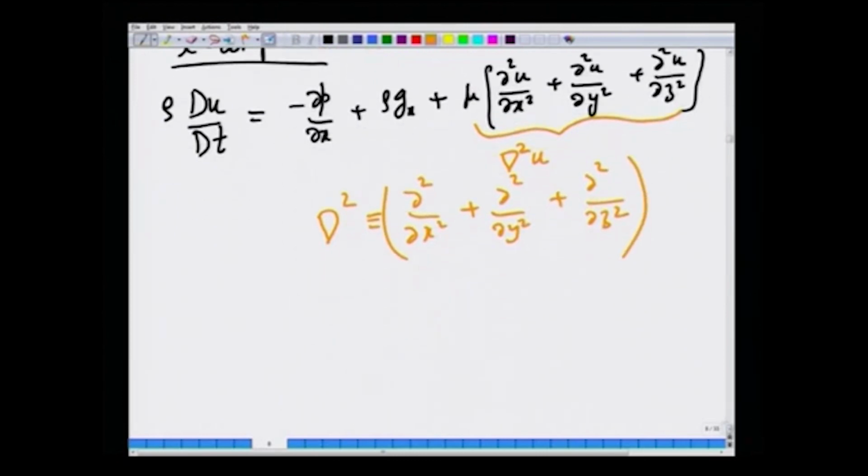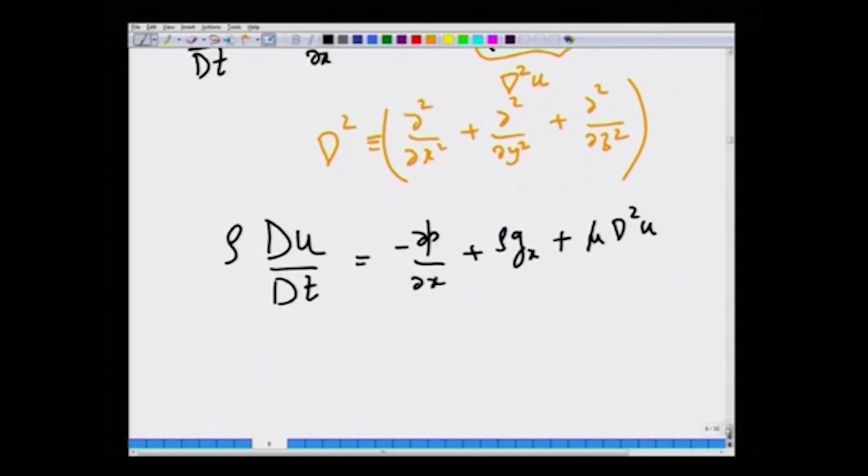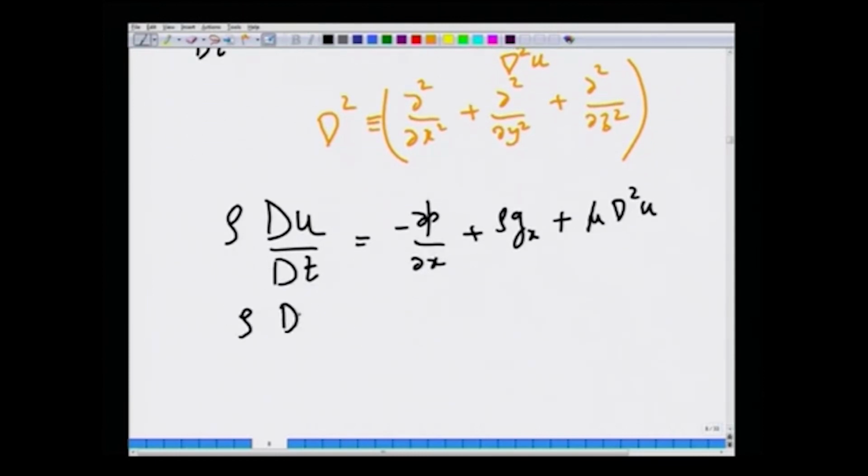So, the x component of the momentum equation can be simply written as rho times the substantial derivative of the velocity equals minus partial p partial x, the pressure gradient term, plus the gravity term plus the viscous stress term, which becomes like this. So, I can write similar equations for the y component of the momentum equation just by analogy.